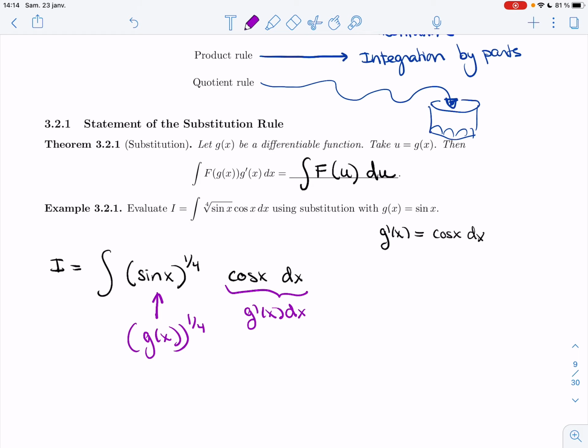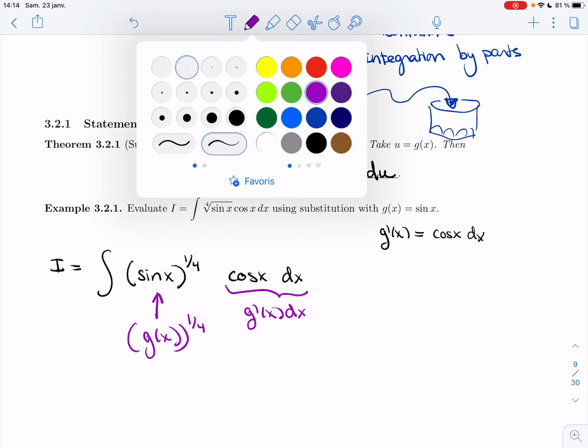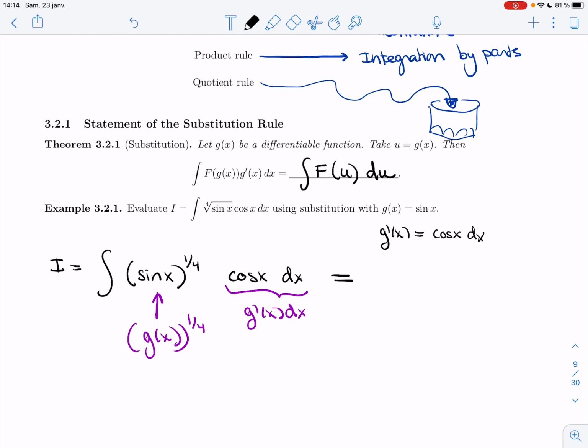So my g of x is indeed inside a function. What I'm told to do is replace this by the integral of the same function, still to the 1/4, but applied to a new variable. So instead of g of x to the 1/4, I'm just going to have u to the 1/4. But I keep in mind that u is g of x, u is sine.